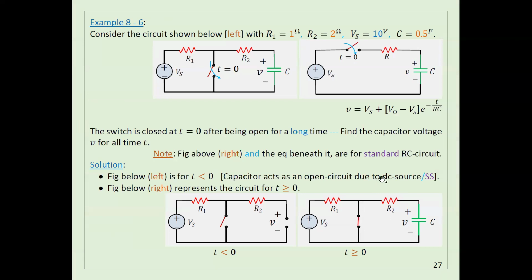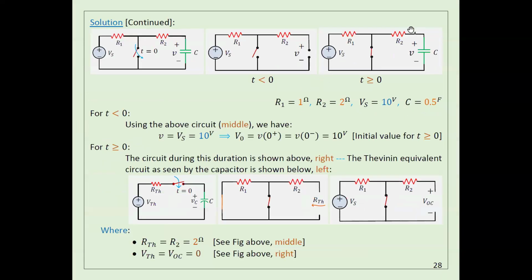For this part here, I'm going to calculate R Thevenin. As you see here, to calculate R Thevenin, I have to short circuit the source here. This one is already a short circuit.